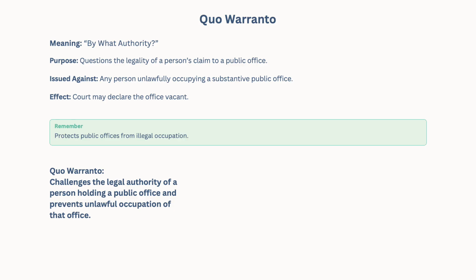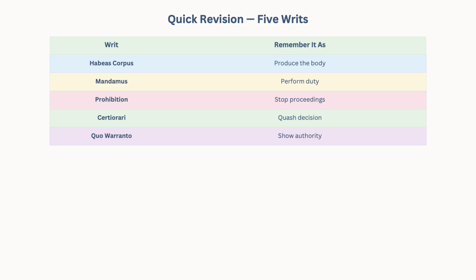I gave you the example of the district judge, the administrative court dealing with a murder case. That's beyond his jurisdiction. And certiorari, I gave you the example of a sessions court giving you capital punishment. And quo warranto, the vice chancellor example. So these are the ways in which the court protects us.